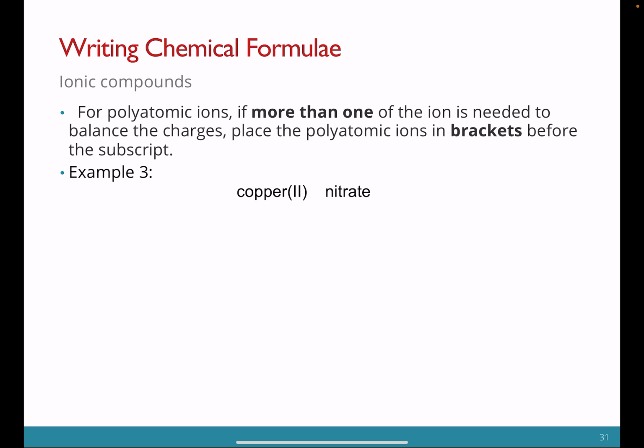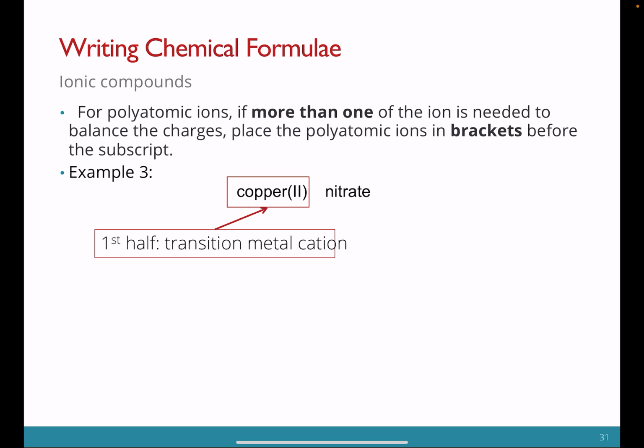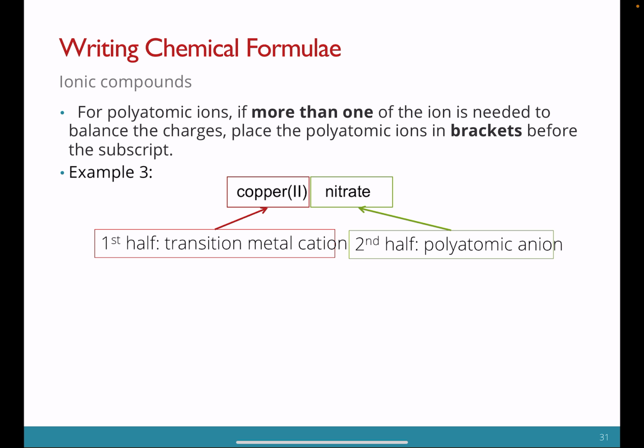Now, note that for polyatomic ions, if there's more than one of the ion needed to balance the charges, we need to place the polyatomic ions in brackets before the subscript. Again, this is a metal and a non-metal. For the non-metal, for the anion in particular, notice that it's a polyatomic ion.